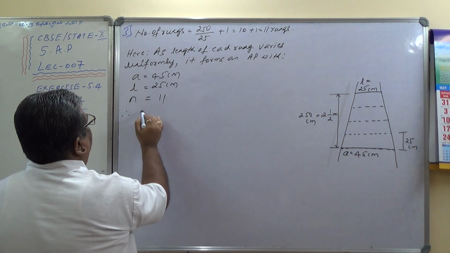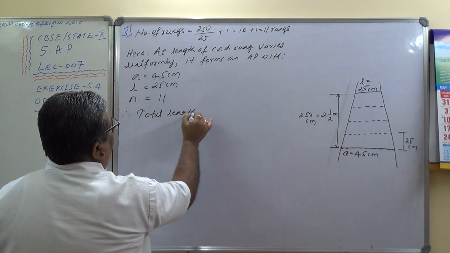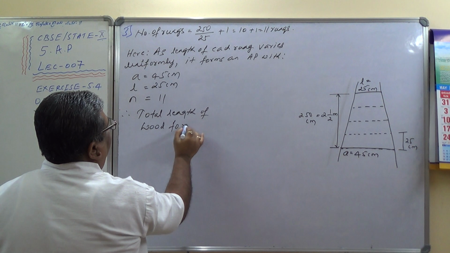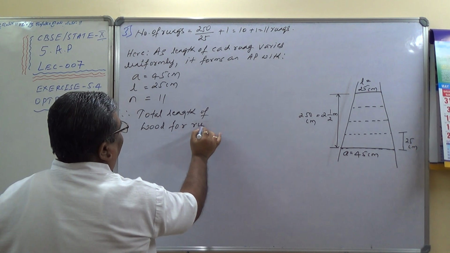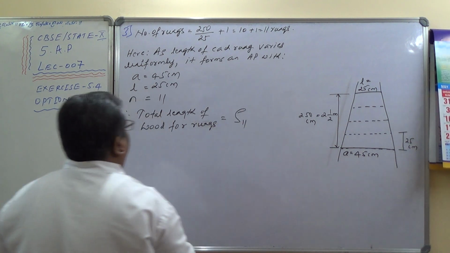Therefore, total length of wood for rungs, not for lungs, okay, for rungs equals S11.